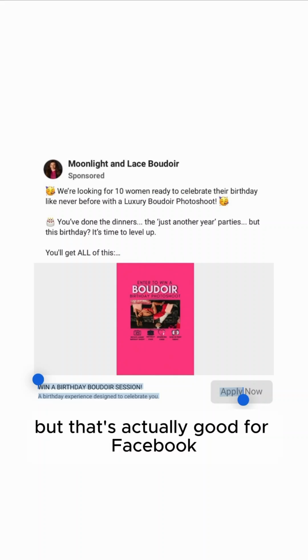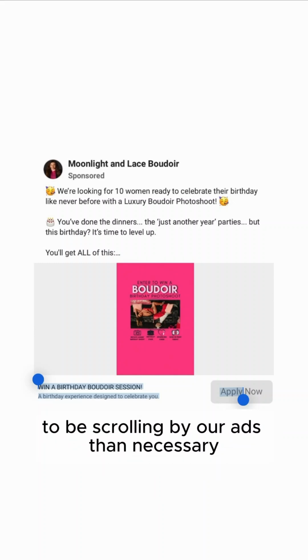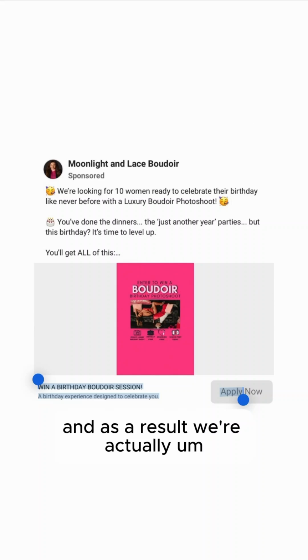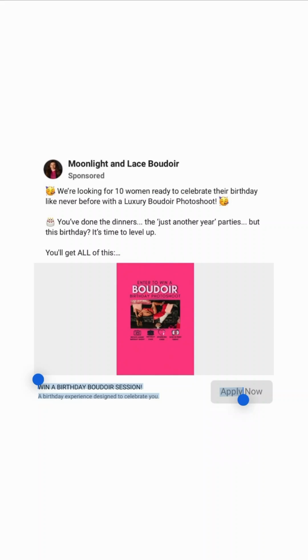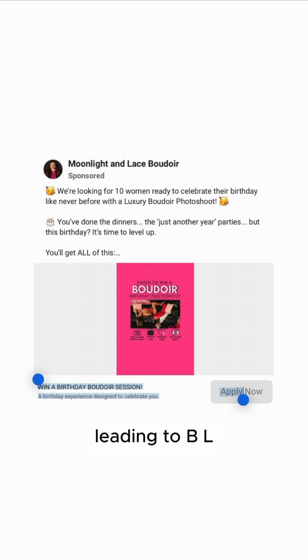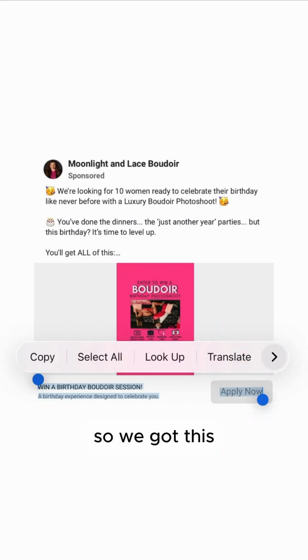But that's actually good for Facebook. It's bad for us because it causes way, way, way more women to be scrolling by our ads than necessary. And as a result, we're actually causing more women to scroll by, pulling our unique CTR under 6%, leading to BLCS, Boudoir low click syndrome. So we got this.